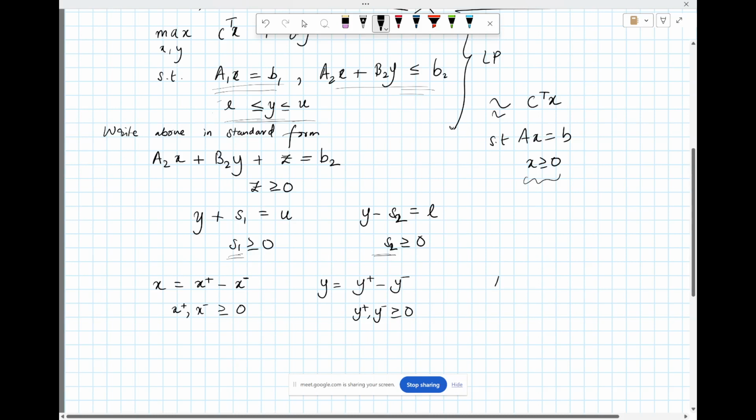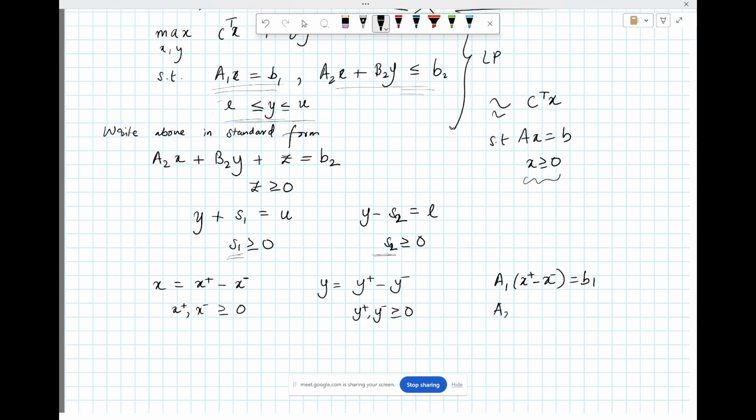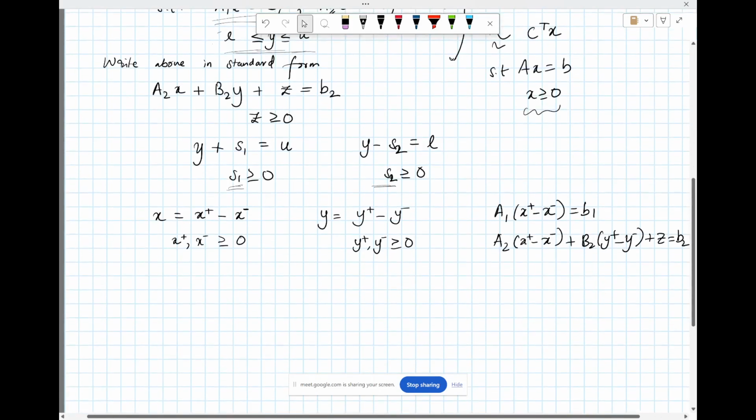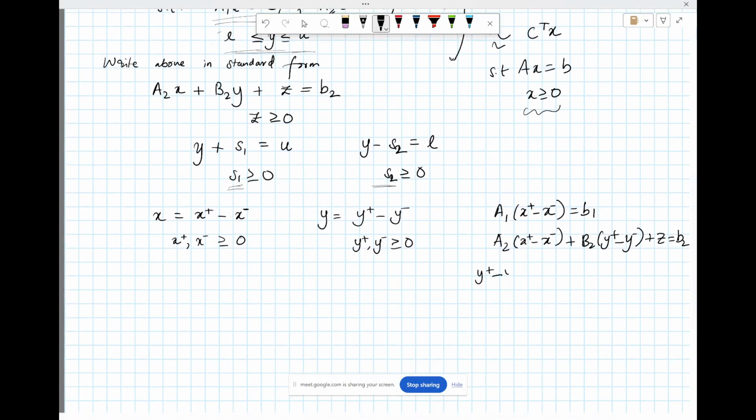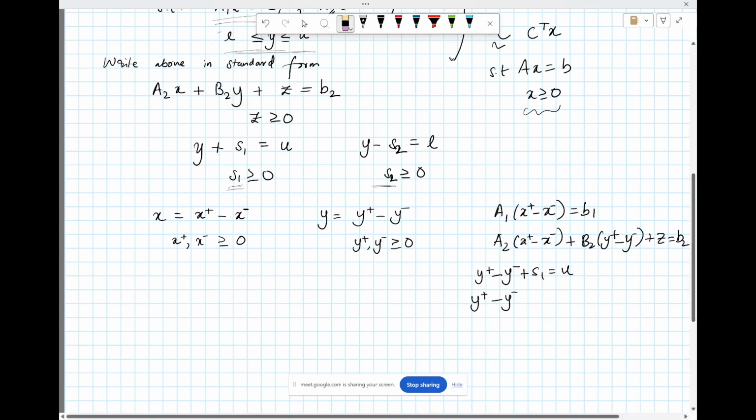It will be a1 (x plus minus x minus) equal to b1, a2 (x plus minus x minus) plus b2 (y plus minus y minus) plus z equal to, and these also we will have to write y plus minus y minus plus s1 equal to u, y plus minus y minus minus s2 equal to l.